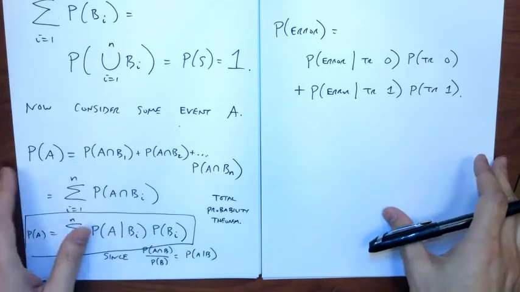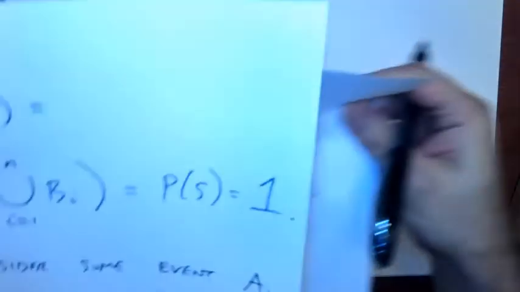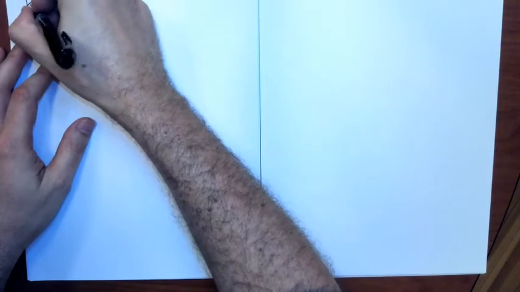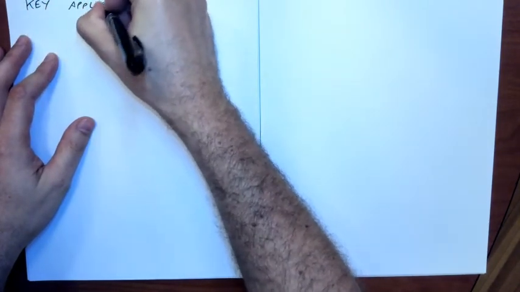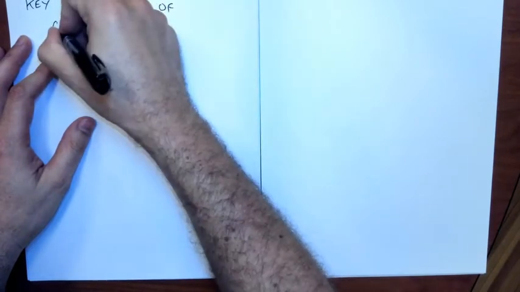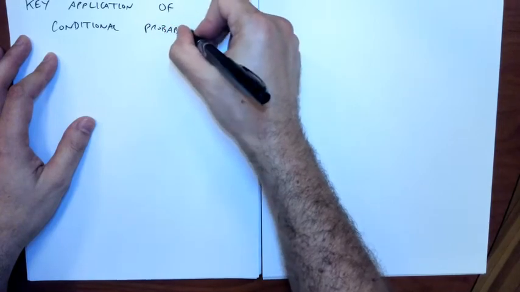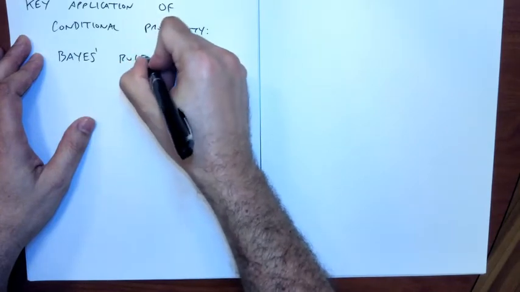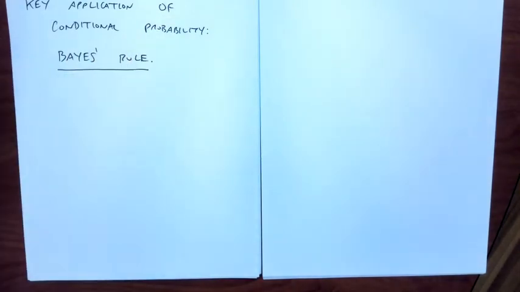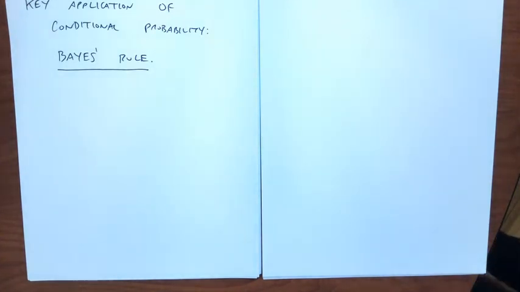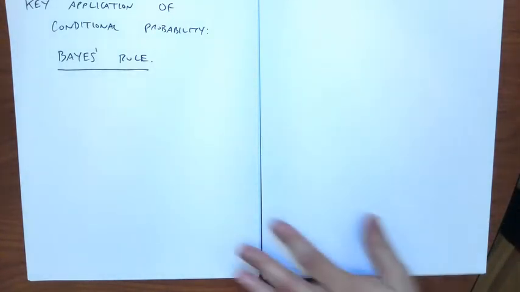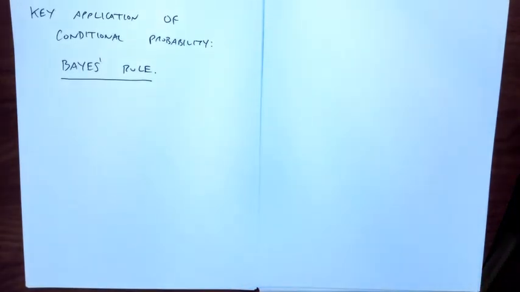So Bayes' rule is a key application of conditional probability. Before I write it down in math, intuitively, I've got this test and this disease.